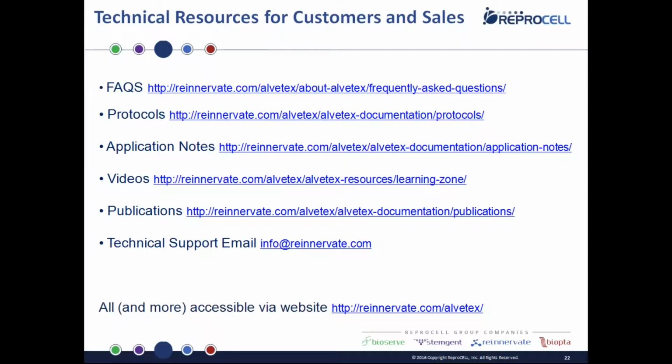And this is really giving confidence to potential customers that you can get the quality of data that you would expect. And also, again, because there's more and more interest in the 3D field, it's actually a plus to your publication. You're probably more likely to get published if at least part of your work has been done in three-dimensional culture. And that is a nice plus selling point for people who are not sure about whether they want to use 3D culture.